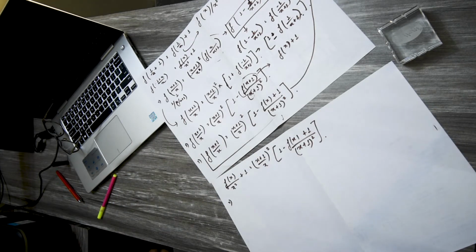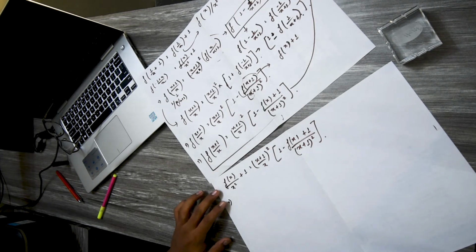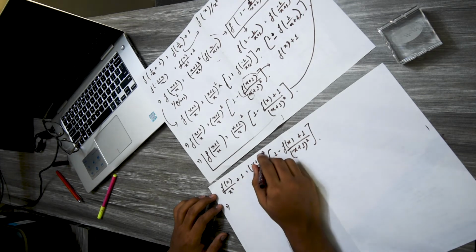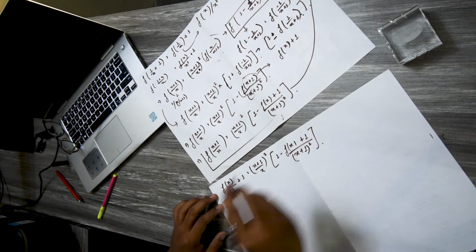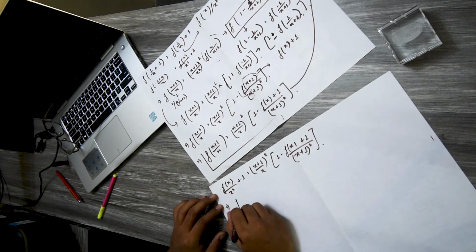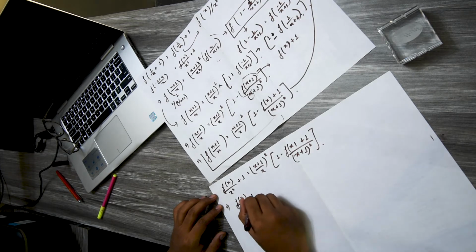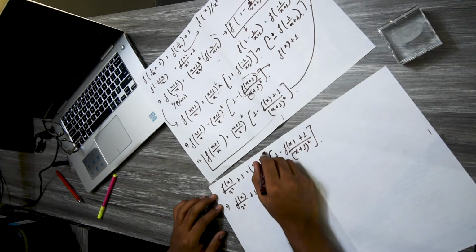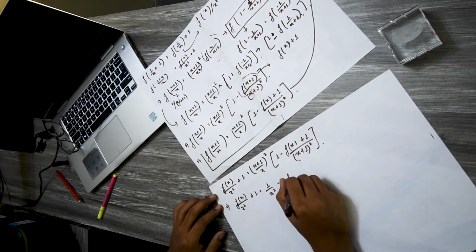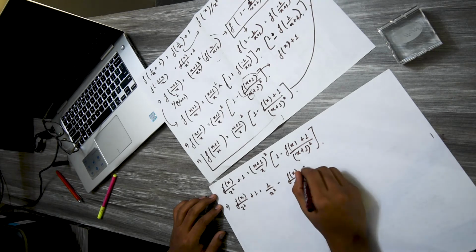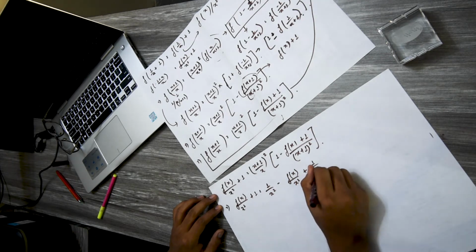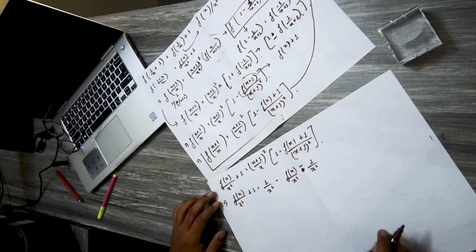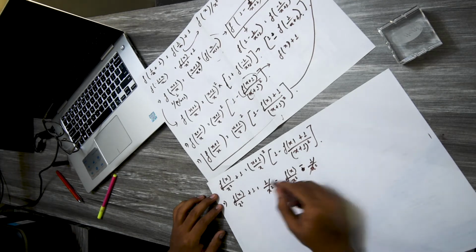Now we'll just simplify. What we'll get after simplification is we'll multiply it by x plus 1 here, x plus 1 square here. So f of x by x square plus 1 is equal to 1 by x square minus, this would cancel out and leave us with f of x by x square, minus 1 by x square.